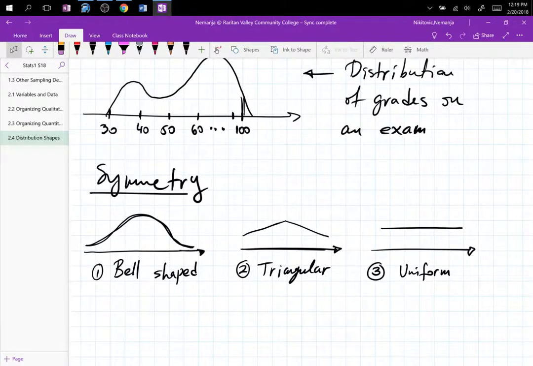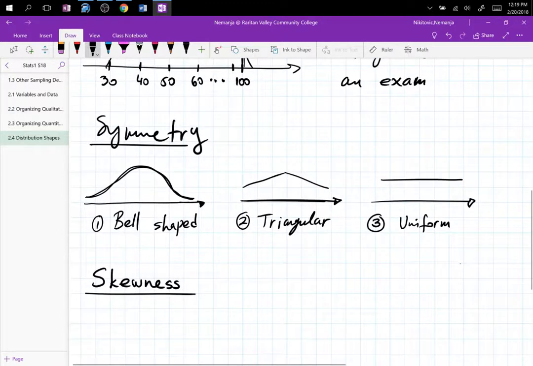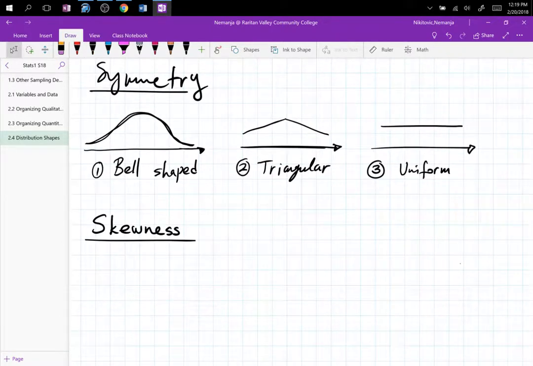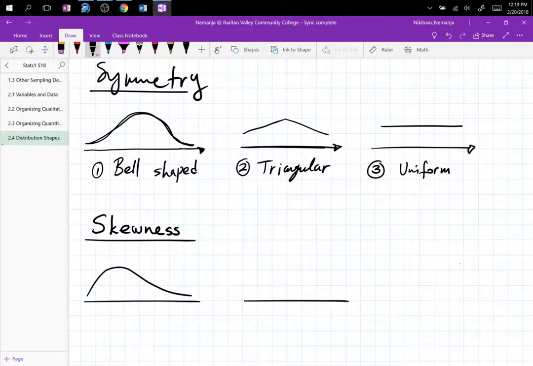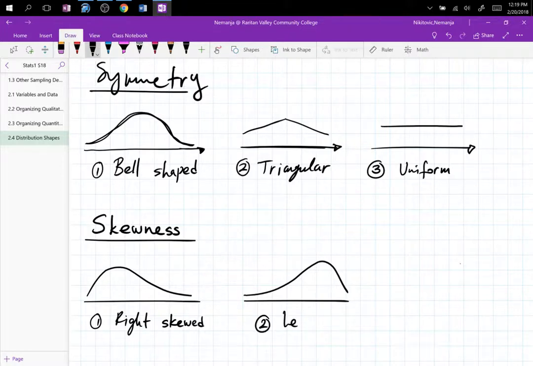And now we have the skewness. Right skewed first. And then left skewed.